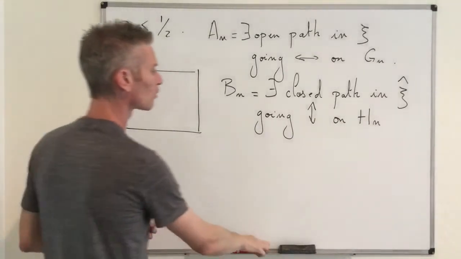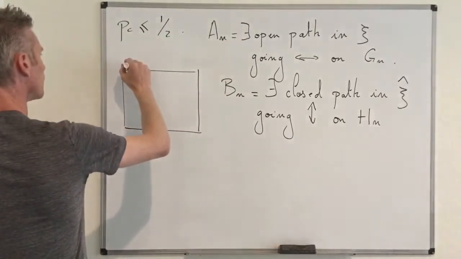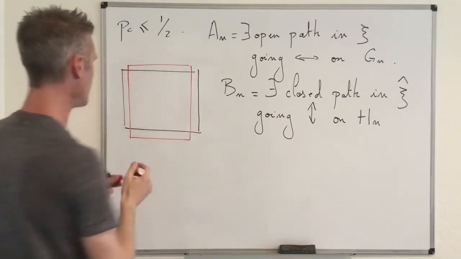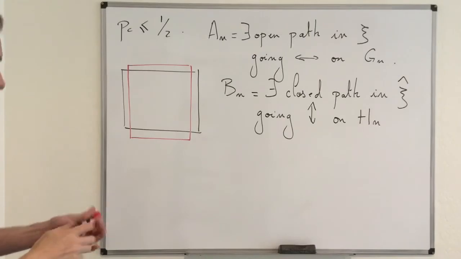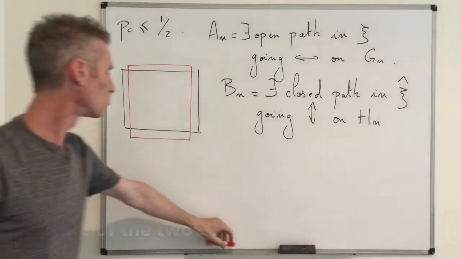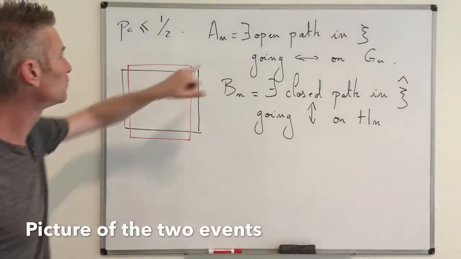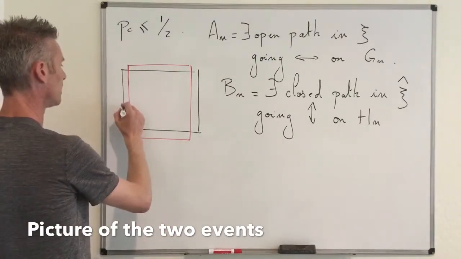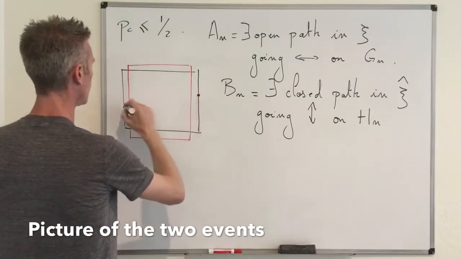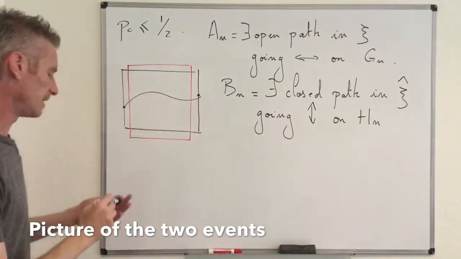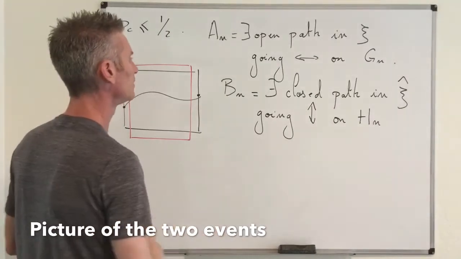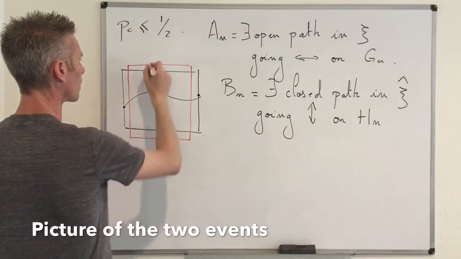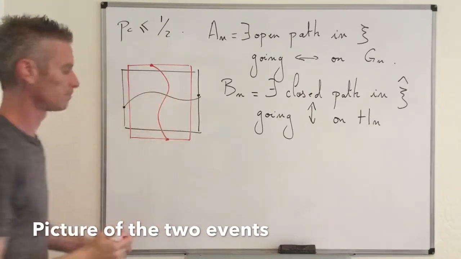And the other graph, Hn, is something like this. Okay? And now, what about those two events? Now I'm going to draw pictures of those two events. So in black, I'm going to draw the event An. So An means, again, that you can find a path going from left to right, so something that looks like that. And Bn is the event that you have a closed path going from top to bottom, so that looks like this, let's say.